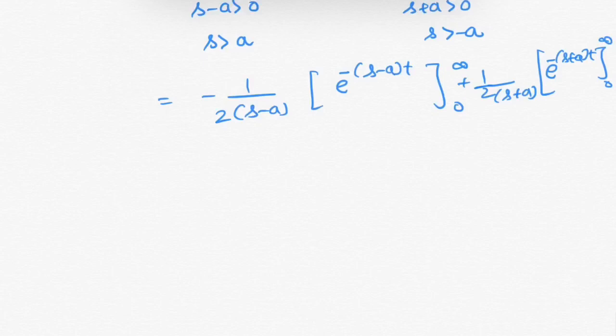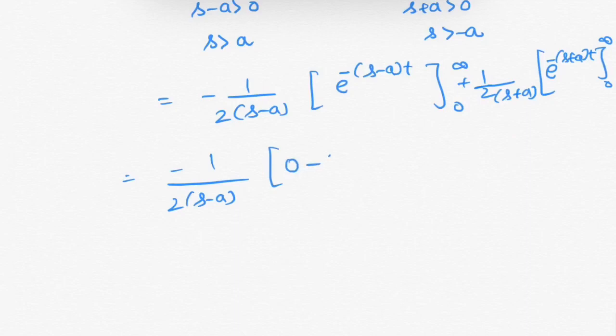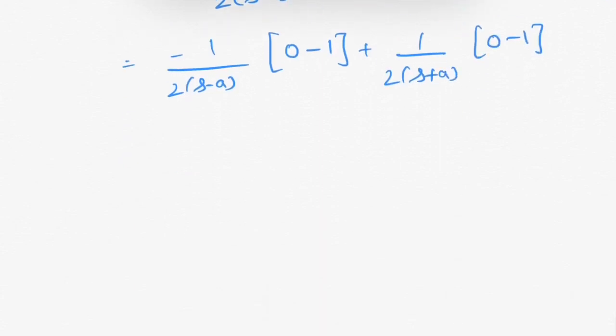Okay, so on putting the limit we have minus 1 over 2(s minus a) into (0 minus 1) plus 1 over 2(s plus a) into (0 minus 1). Okay, so on solving we have 1 over 2(s minus a) minus 1 over 2(s plus a).